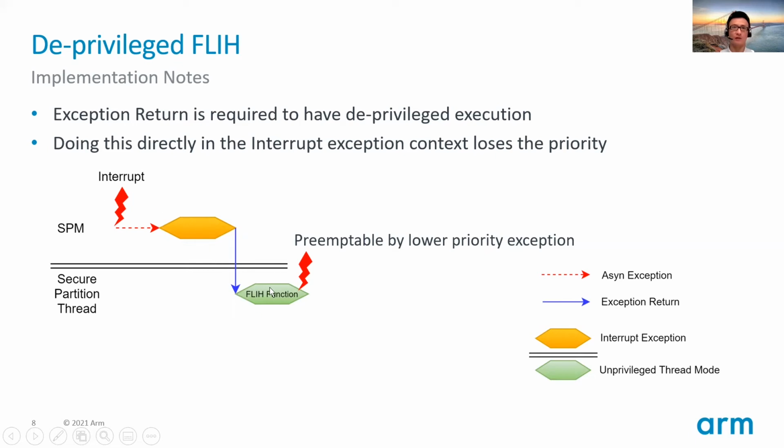So this FLIH function will have the lowest execution priority, right? Just because there are no active interrupts anymore. This does not meet the second requirement of the FLIH function. So this model wouldn't work.